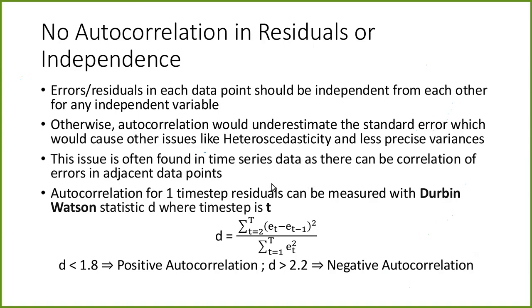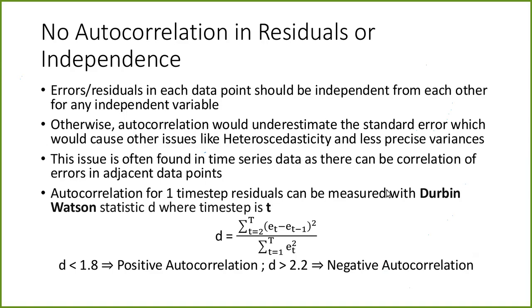As I said earlier, when we take some time series data, if the data points are correlated with the previous timestamp, this assumption may not hold, right? In that case, you can use some statistical tests to see whether this no autocorrelation requirement is satisfied, right?